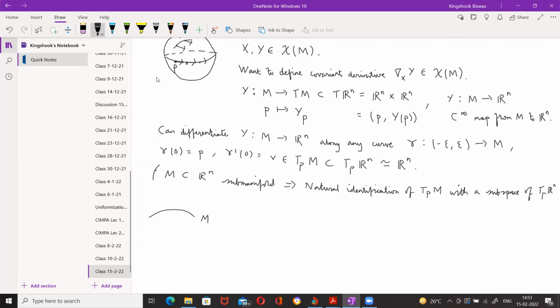So I have the inclusion map i from M into Rn.